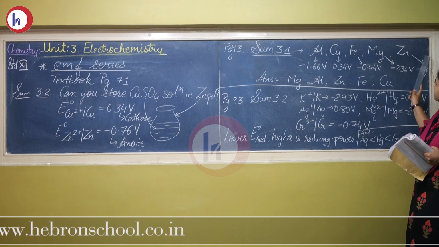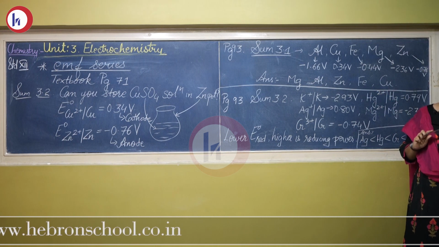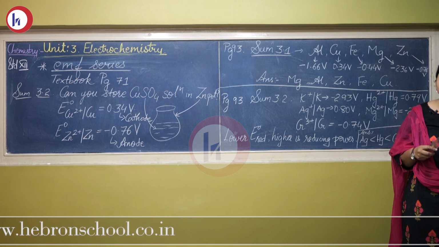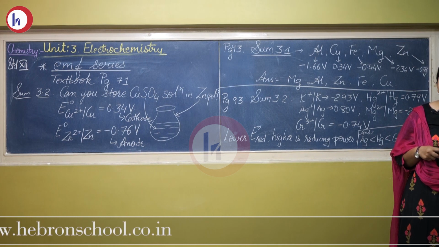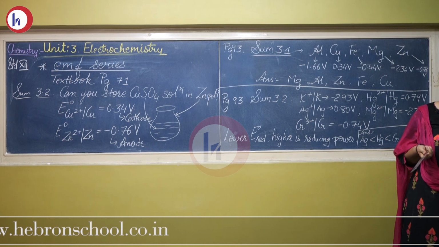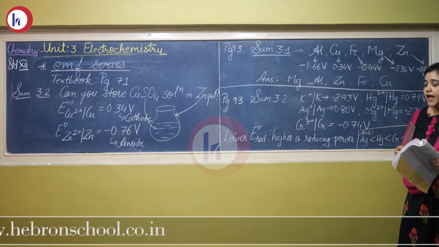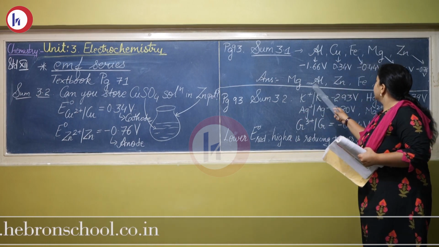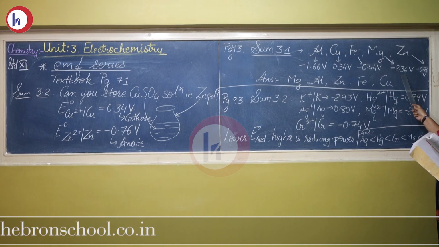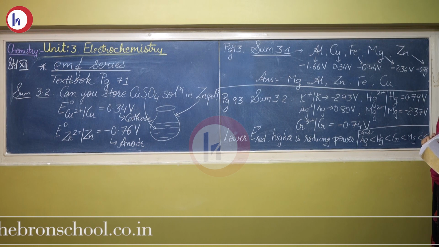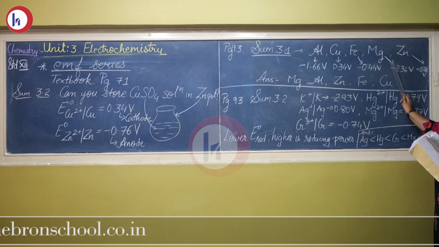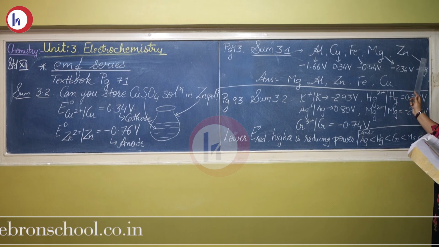Now students, the question arises, when can we say a given metal will displace the other metal from its solution? When its oxidation potential is more than that of the other ones. In short, if you arrange these in the increasing order of the reduction potentials, we can say that the given metal will displace the other metal from its solution.